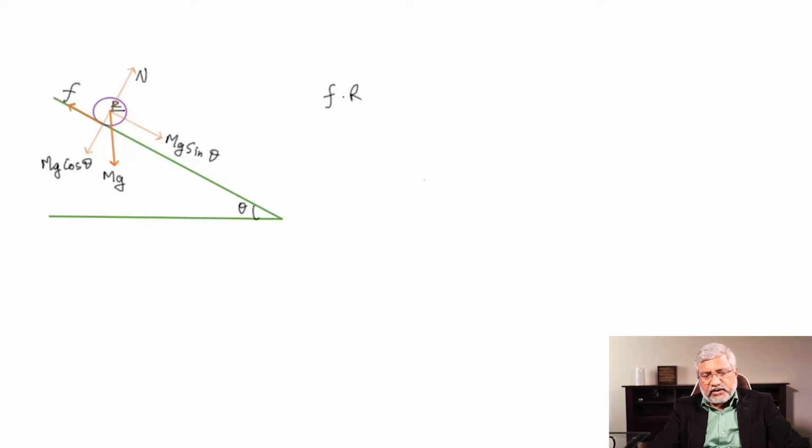So considering the torque, what is torque? Torque is the product of force and the perpendicular distance. So if you look at this force F, and you know that this radius is perpendicular to that force of friction, that's why torque is F times R. But torque is also I times alpha, where I is rotational inertia and alpha is the angular acceleration.